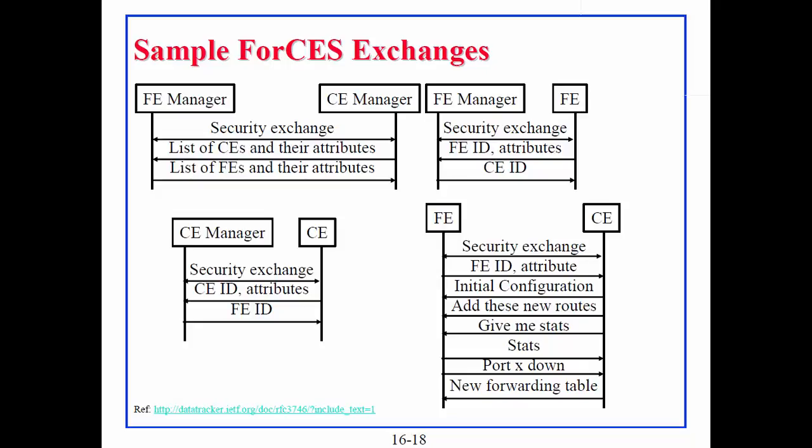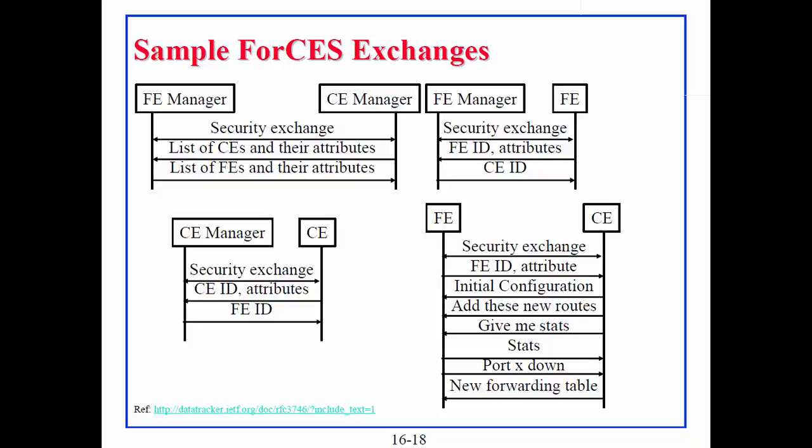Once that occurs, the control element manager sends its list of control elements and their attributes to the forwarding element manager, and likewise the forwarding element manager sends a list of forwarding elements and their attributes.